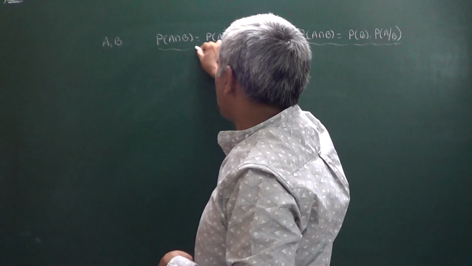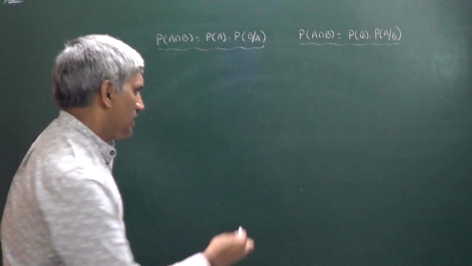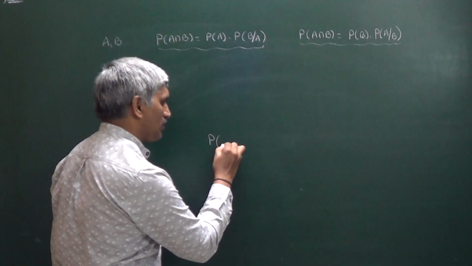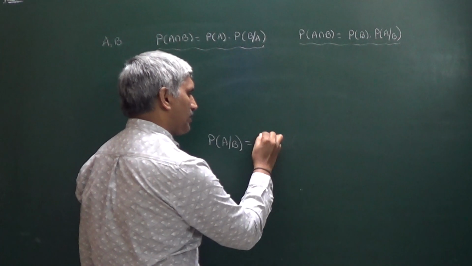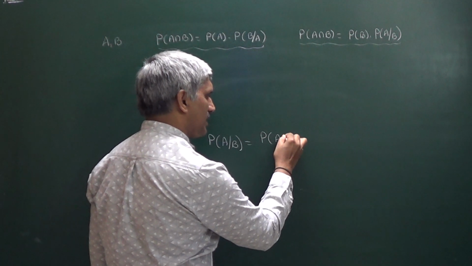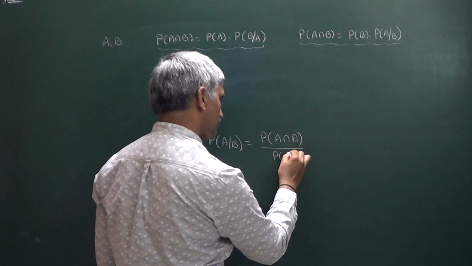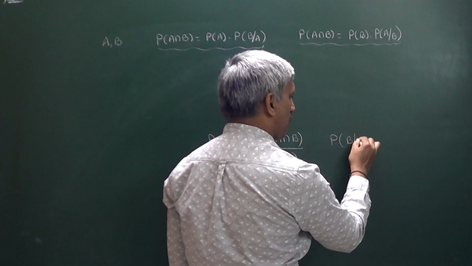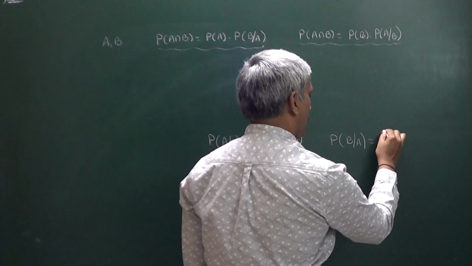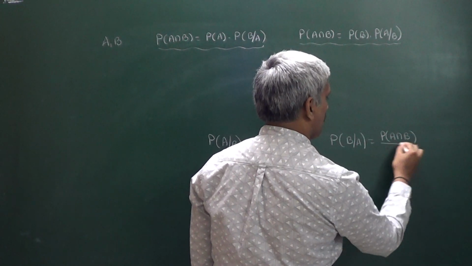Actually there is nothing much to discuss here. Earlier we discussed that P of A by B is equal to P of A intersection B divided by P of B, whereas P of B by A is equal to P of A intersection B divided by P of A.